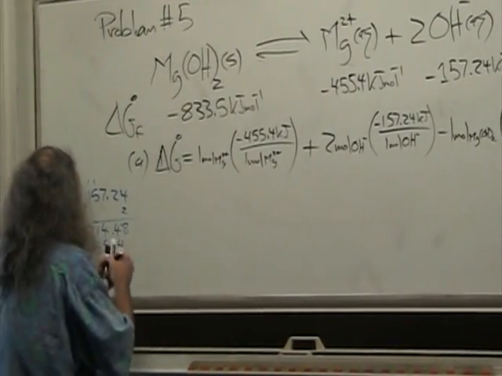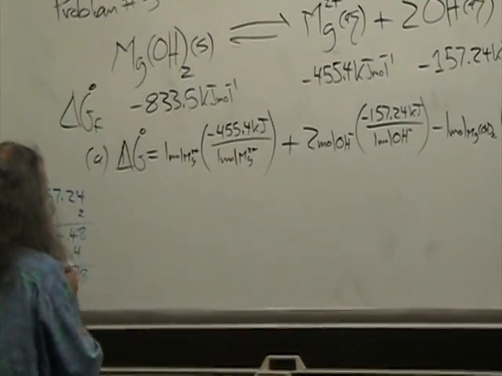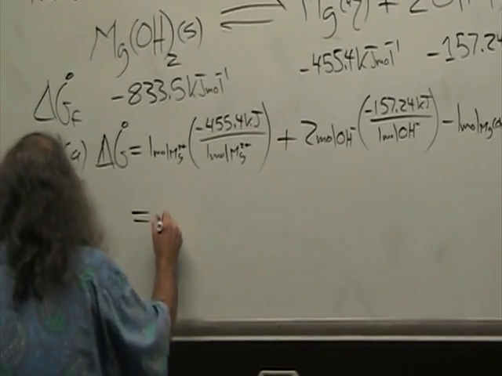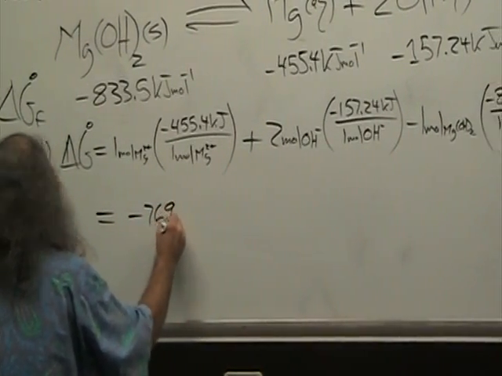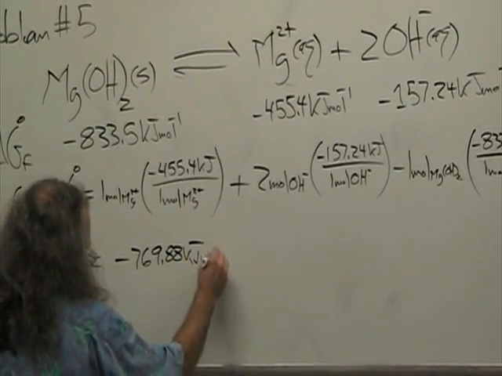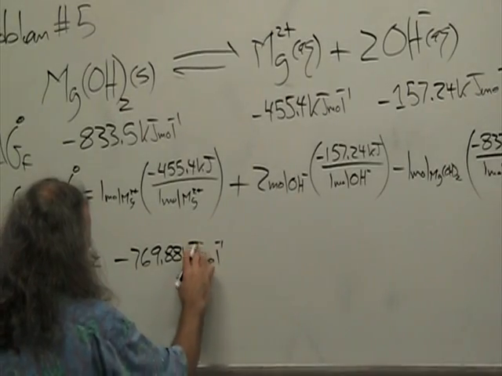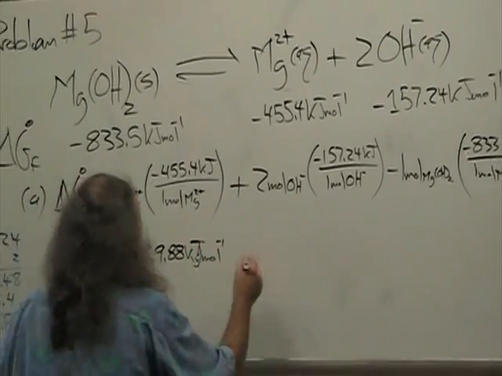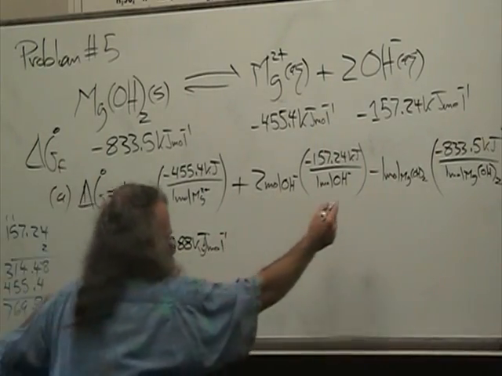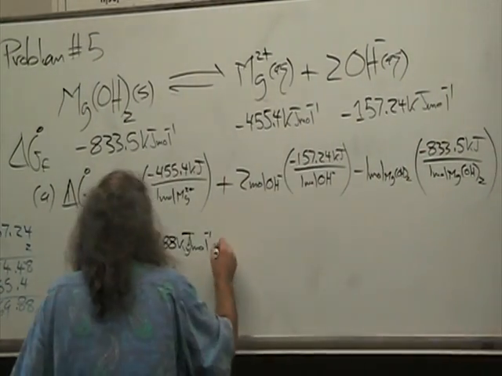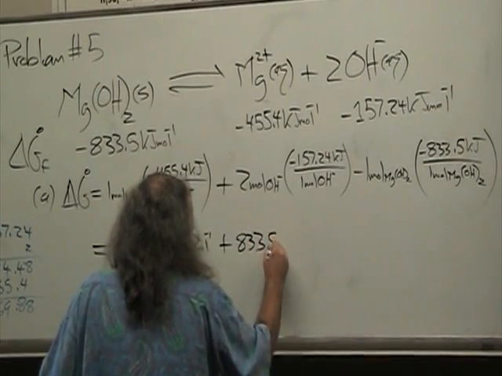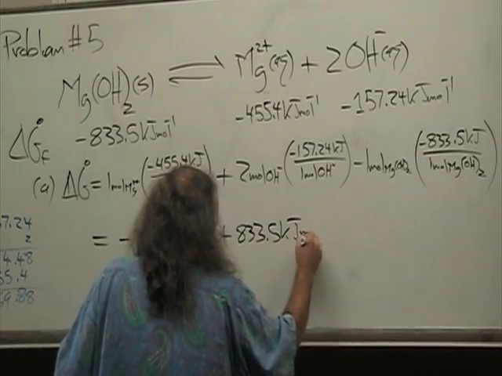So this is going to be equal to minus 769.88 kilojoules per mole. And that's going to be plus, because a minus times a minus is a plus, 833.5 kilojoules per mole.